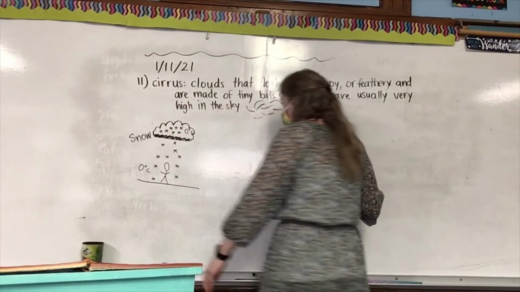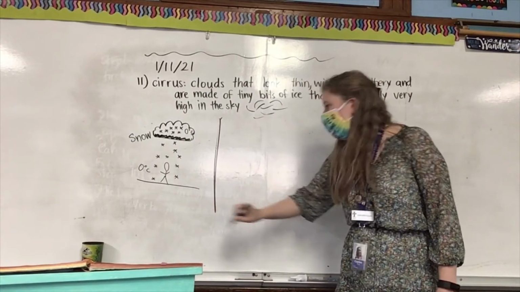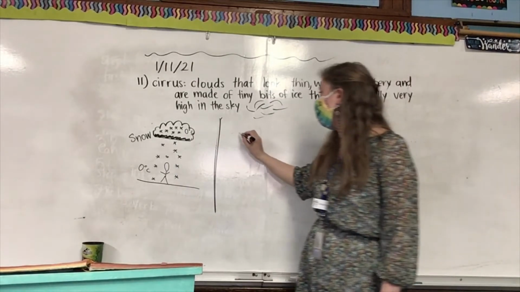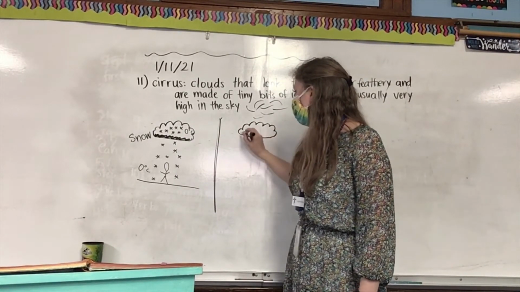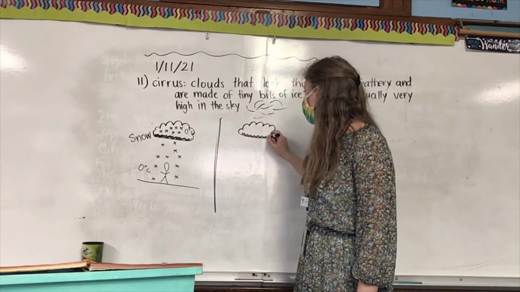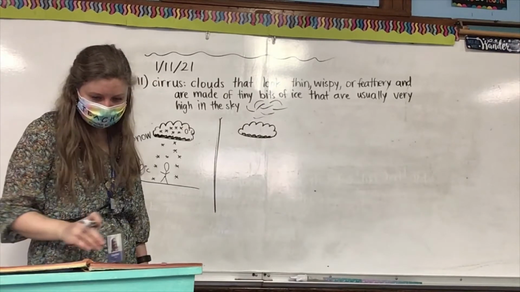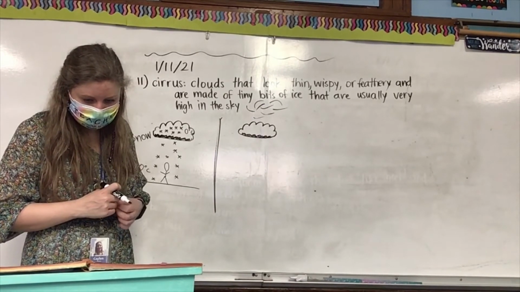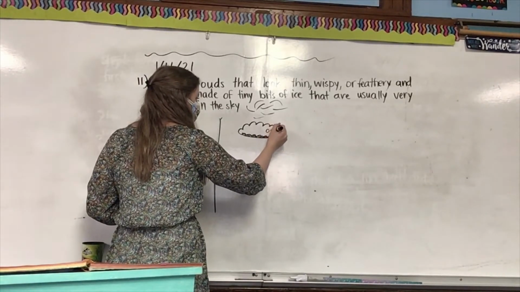Okay, so now let's draw our different diagram. Our first diagram is snow. Now, we have a cumulonimbus cloud. And inside of it, it is 0 degrees Celsius.